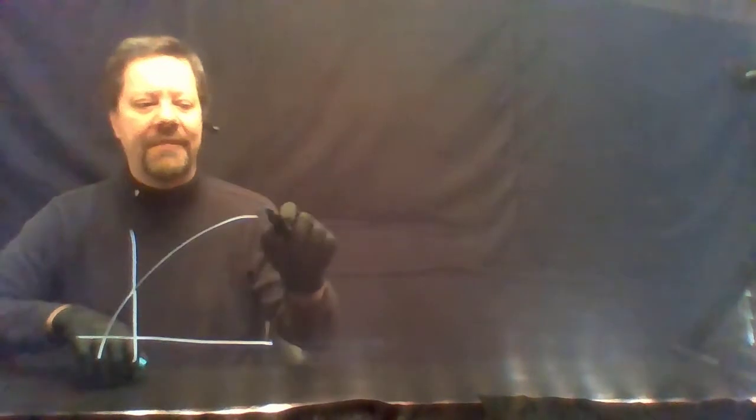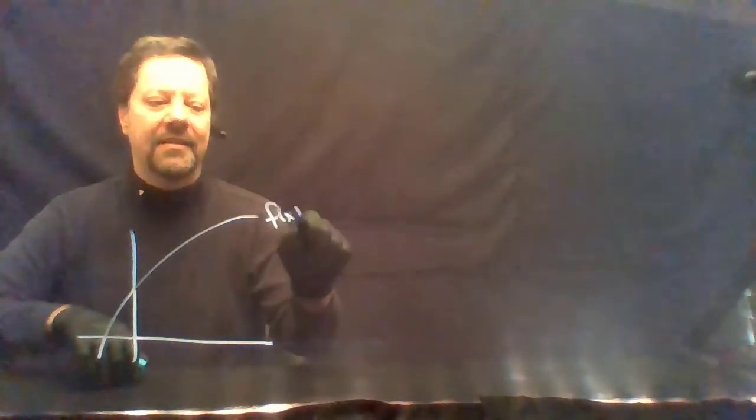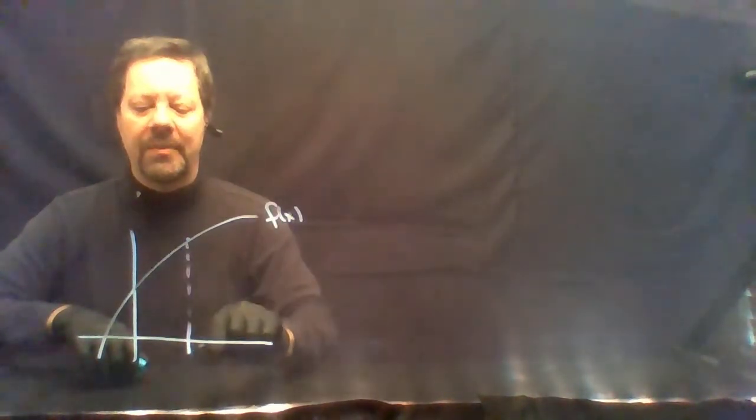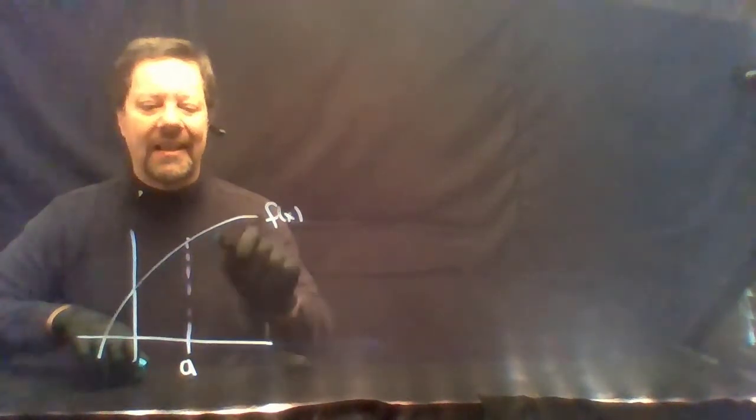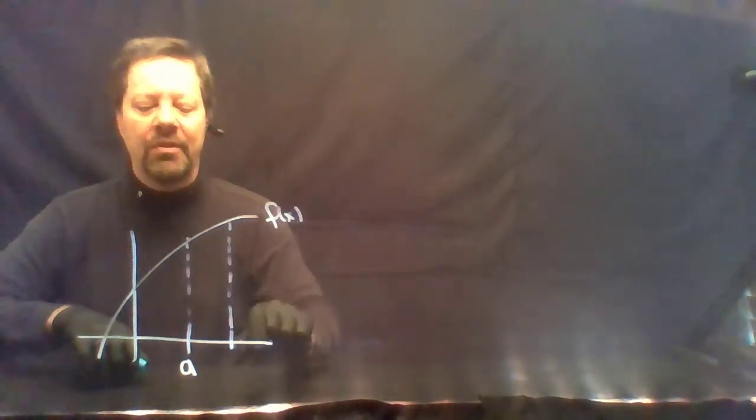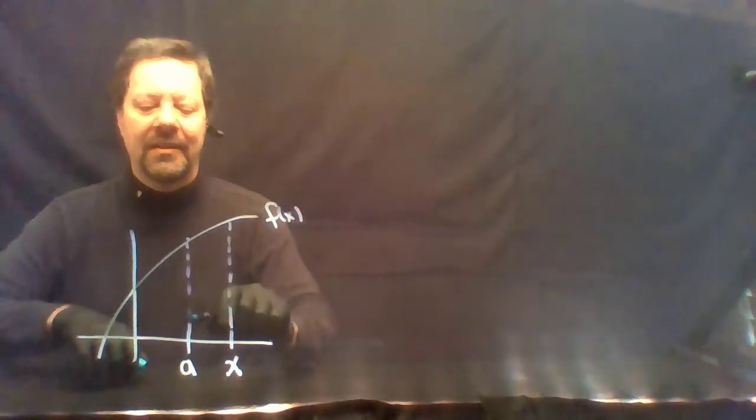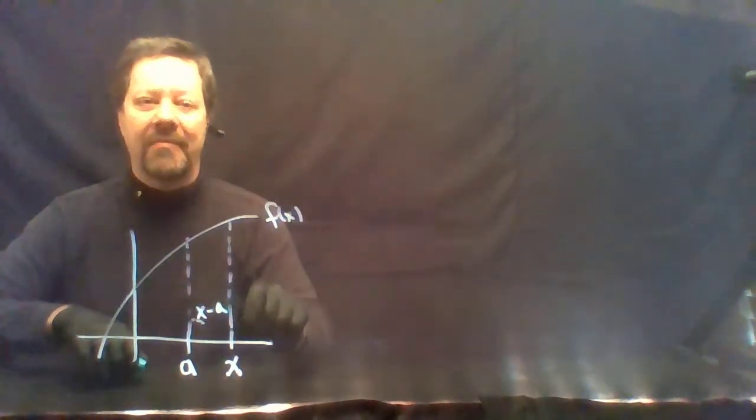There's another variant of the definition for the derivative that you need to be aware of. It's based upon this idea. Suppose you have some function f of x, and you want to find the slope of the tangent line at a. You'll move over to some point x. The gap instead of h now is x minus a.